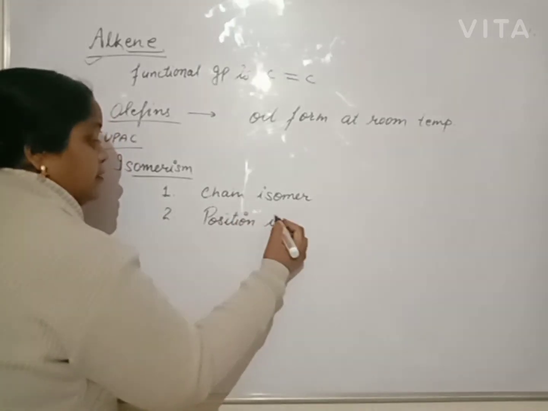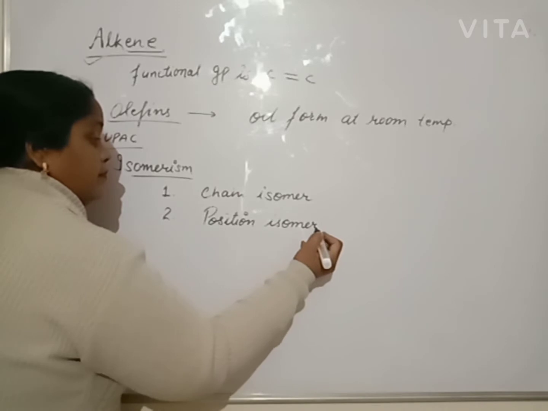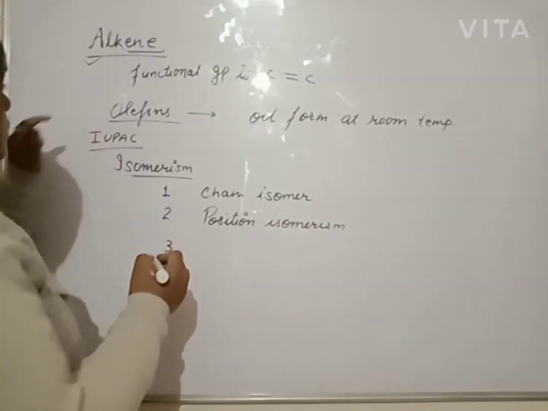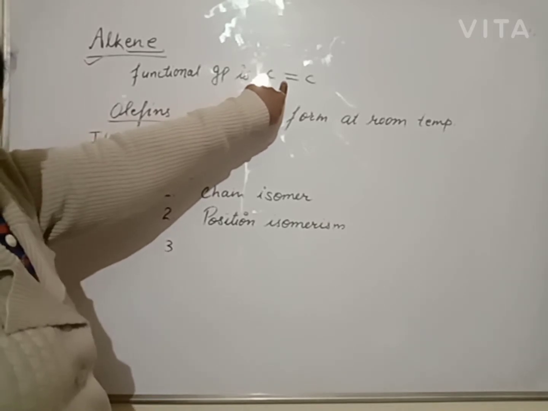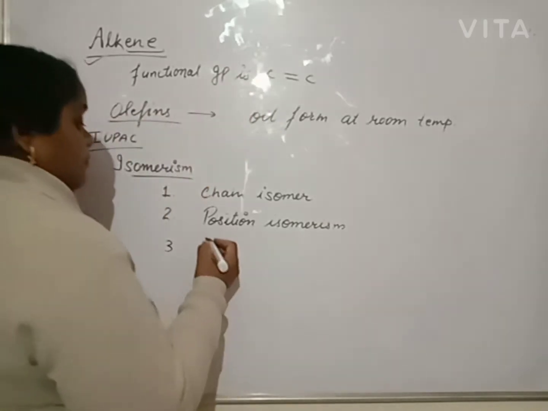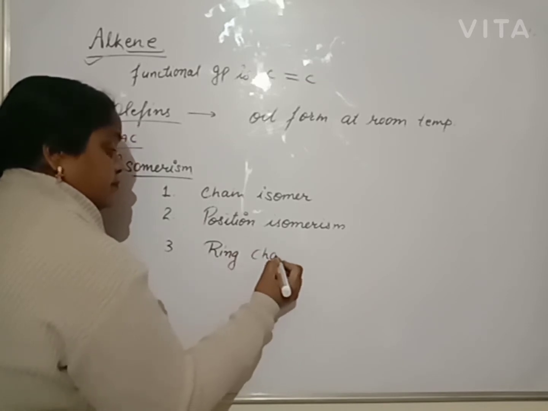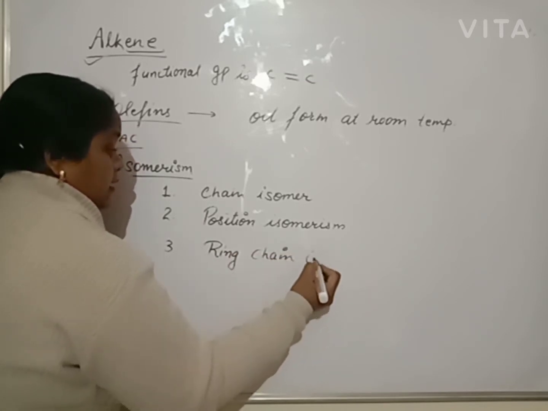Besides these two, due to unsaturation, due to the presence of pi bond, it will form ring chain isomerism.